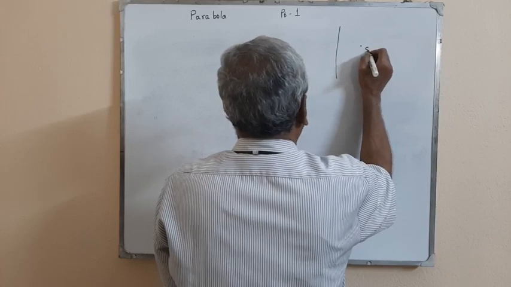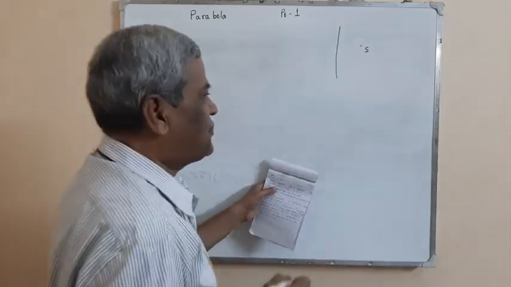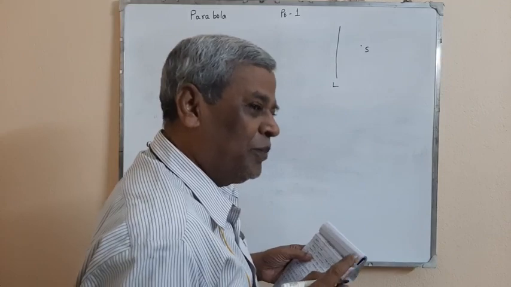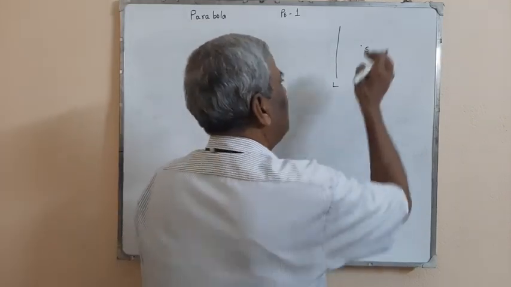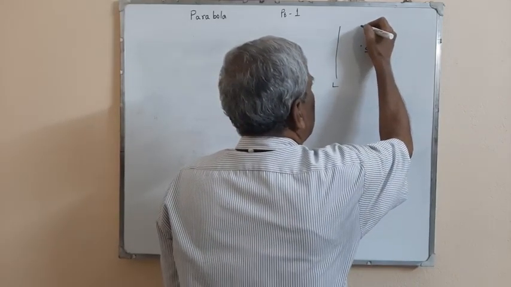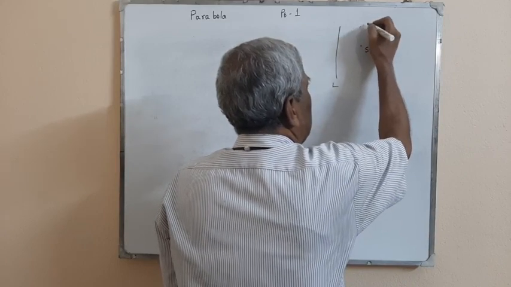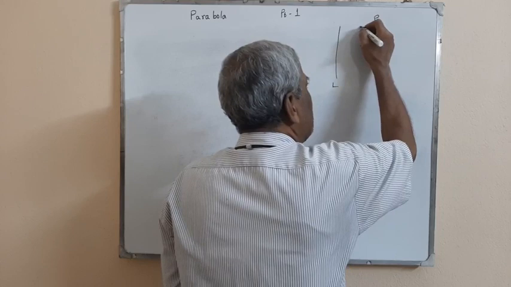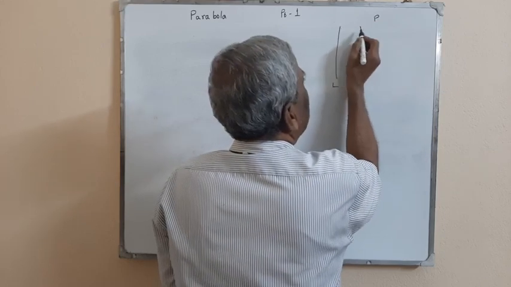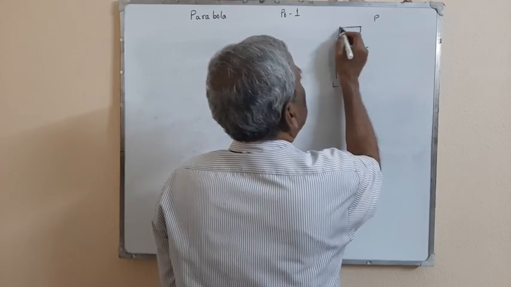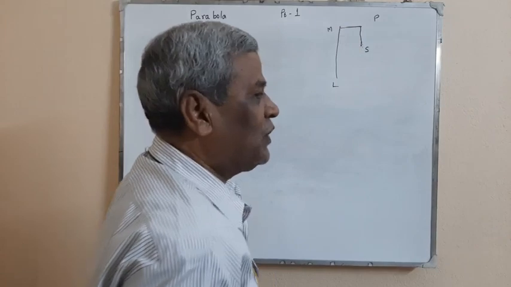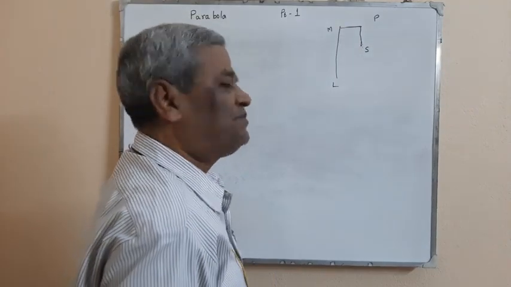That fixed point is S, say, and the fixed straight line is L. Now, if one moving point moves in that plane in such a way that, from any position, say P, its distance from the fixed point S and the fixed straight line L are the same, then the locus of the point P is known as a parabola.